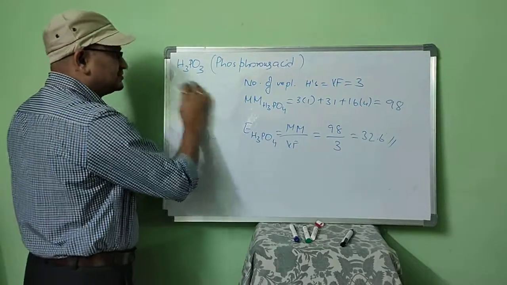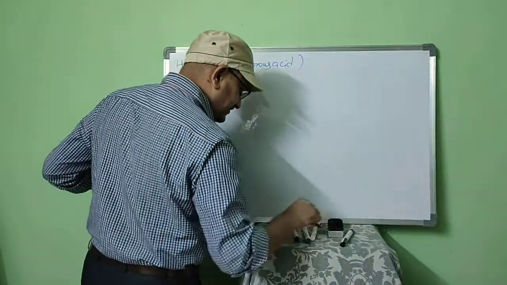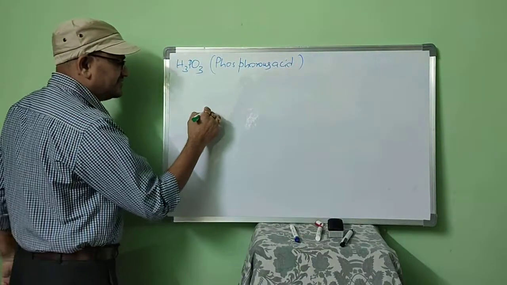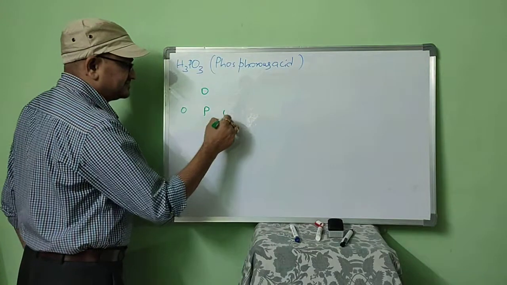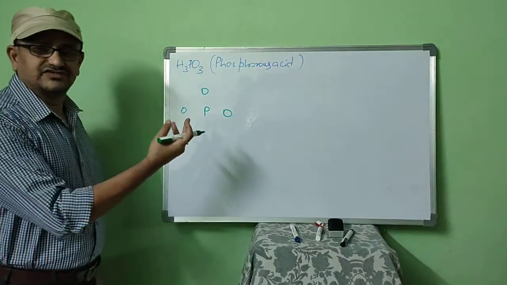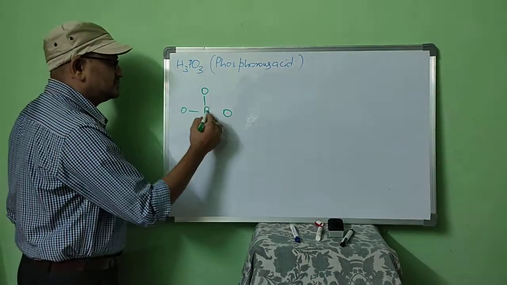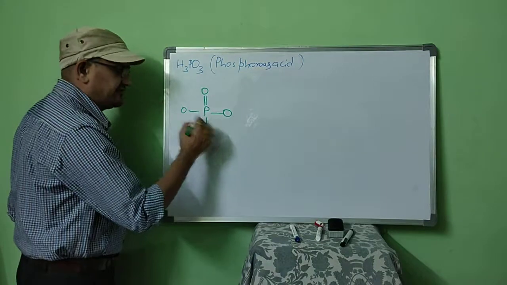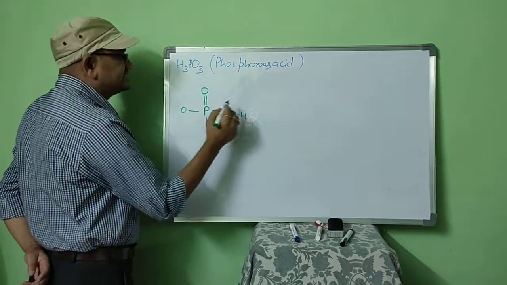Even in this case, phosphorus will be the central atom, surrounded by 3 oxygens. Still, we can see the maximum valency of phosphorus. It can form how many bonds? 5 bonds. 1, 2, 3, 4, 5. Now, oxygen is bivalent. Second valence is with hydrogen.